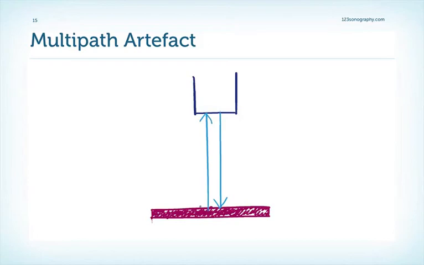But then we could also have a ray which is diffracted towards another structure, and from there it bounces back to the transducer. In this situation, the ultrasound machine is fooled, and it will portray another structure which is further away than the actual structure, because the path that aberrant ray took is much longer than the actual distance between the original structure and the transducer.